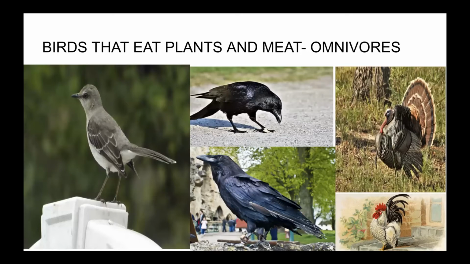They can recognize people by their faces. They can use tools. They can develop empathy. That means that they can have sympathy for people and for other birds. And they grieve. They're very, very intelligent, and they are omnivores. They eat plants, meat, and carrion, dead flesh.